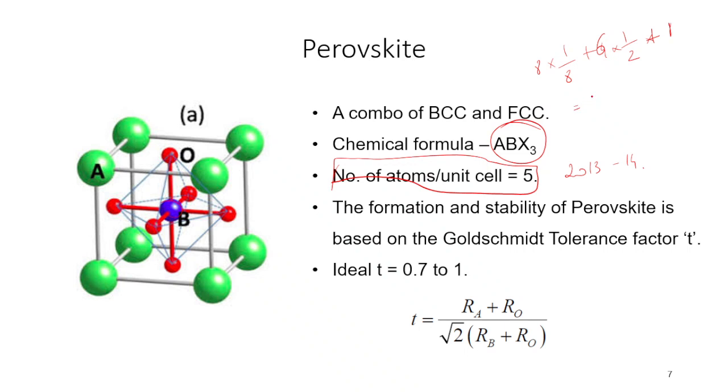So totally we have 1 plus 3, right? 2 3s are 6 plus 1, so we have 5. Okay, you guys got it, right? So the number of atoms per unit cell in perovskite is 5.